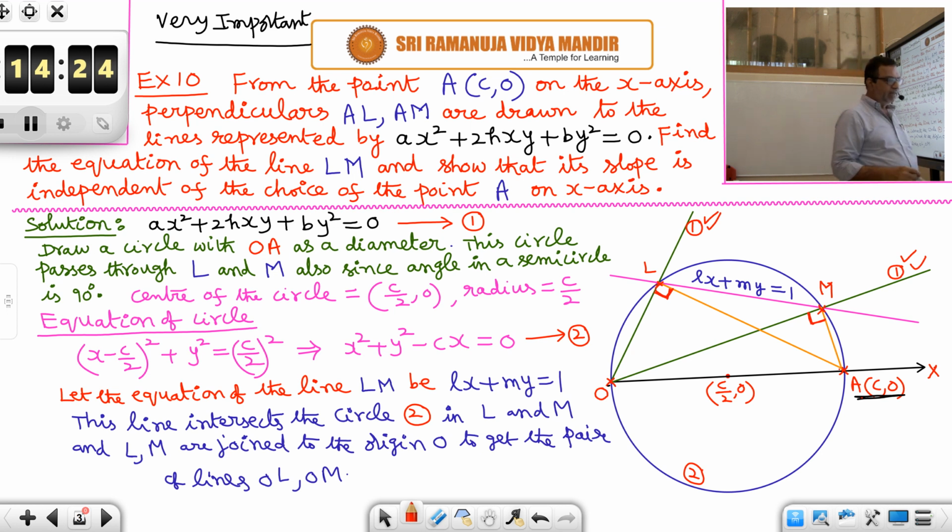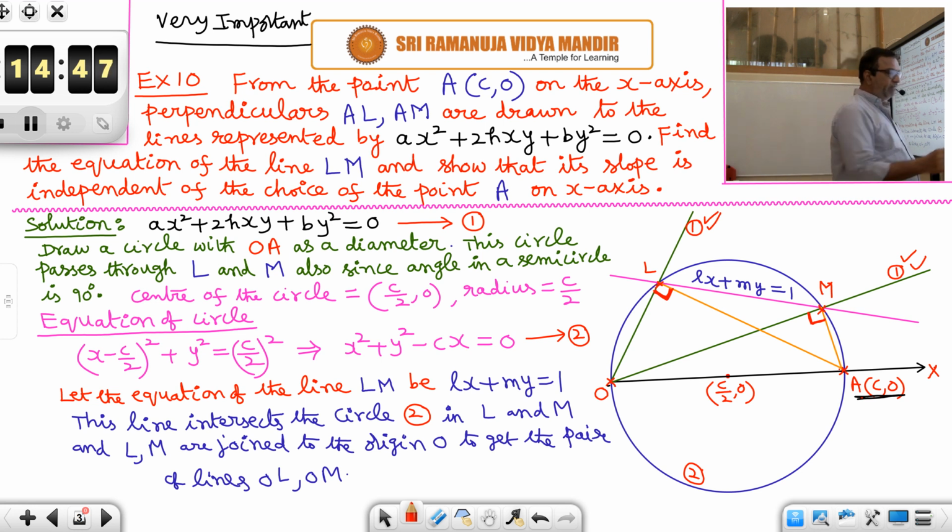Because these two angles are 90 degrees, the circle with OA as diameter must pass through L and M. So that the angle L here and the angle M here become what? Angle in a semicircle, and hence they must be 90 degrees. So the circle must pass through these 2 points.